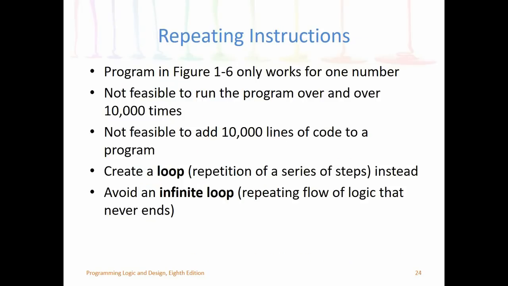Repeating instructions. The program in figure 1 only works for one number. It is not feasible to run the program over and over 10,000 times, and not feasible to add 1,000 lines to the code, so we can create what we call a loop, which is repeating a series of steps. To avoid an infinite loop, we need to ensure that the program ends.